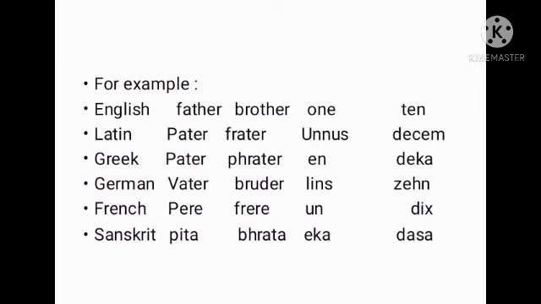Then ten. In English we have ten, Latin decem, Greek deka, German zehn, French dix, and Sanskrit dasha. Here we analyzed languages such as English, Latin, Greek, German, French and Sanskrit, and we find some similarities.